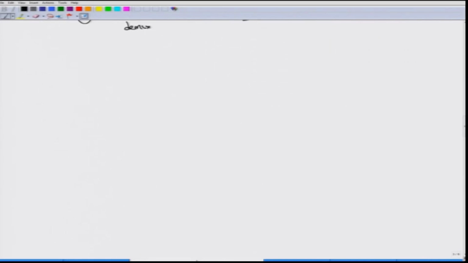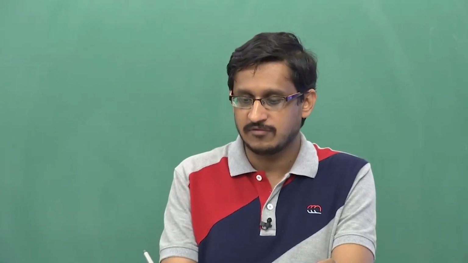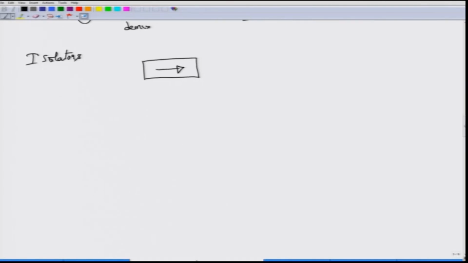Let us now quickly jump into what is called an isolator. Isolators are very important in at least one major area. They are unidirectional devices, which means that if I put in an isolator, I have to specify the direction of the signal propagation. The signal propagates only in the direction that is mentioned in this arrow.